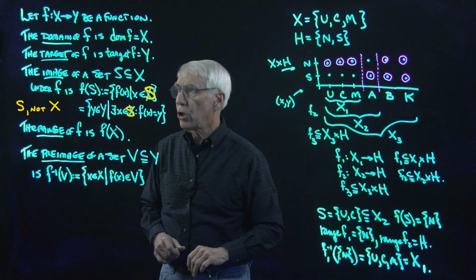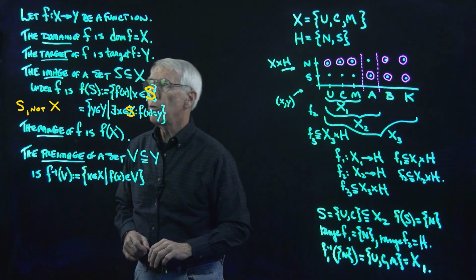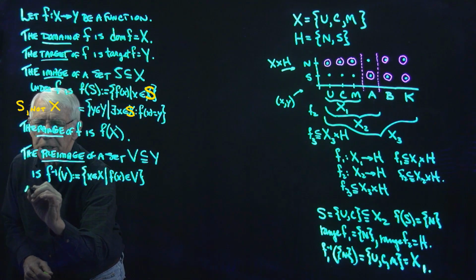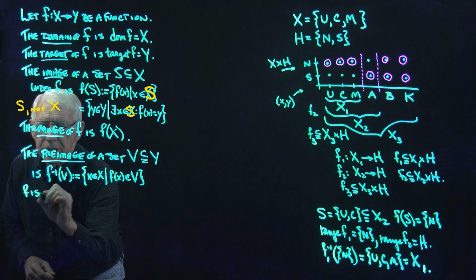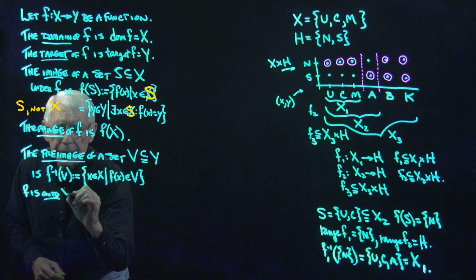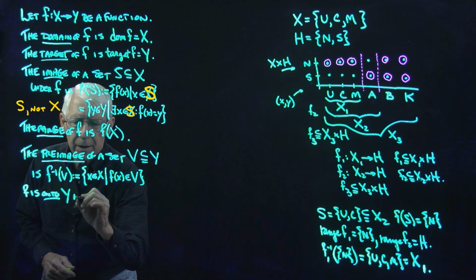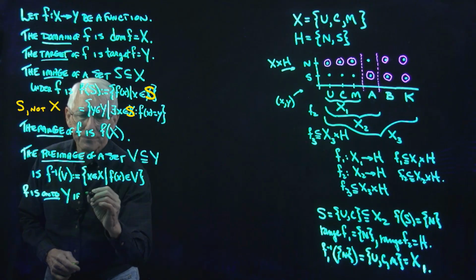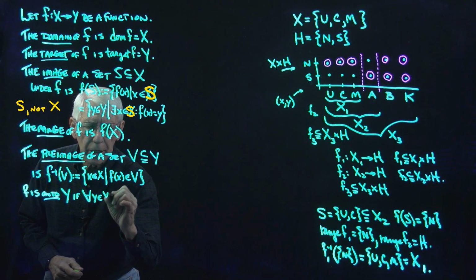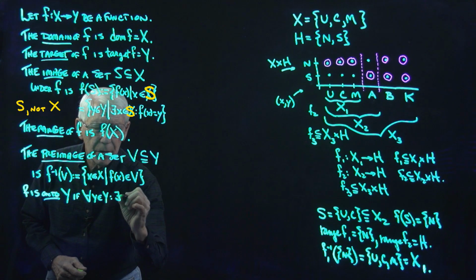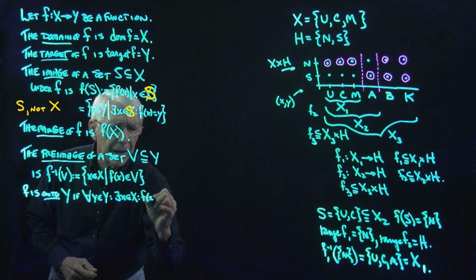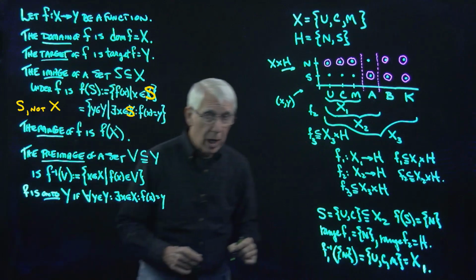And now let's look at a couple or three properties that a function might have. We say that f is onto the target space if for every y in the target space, there exists an x in the domain such that f of x equals y.